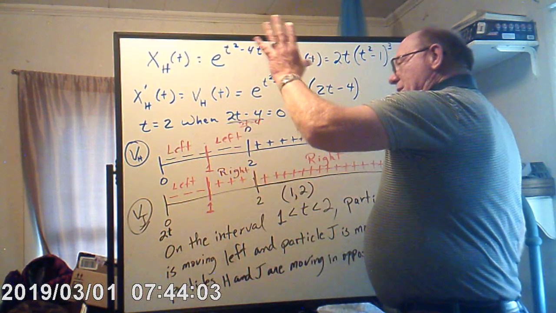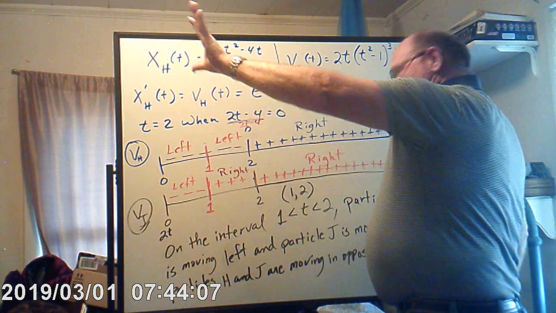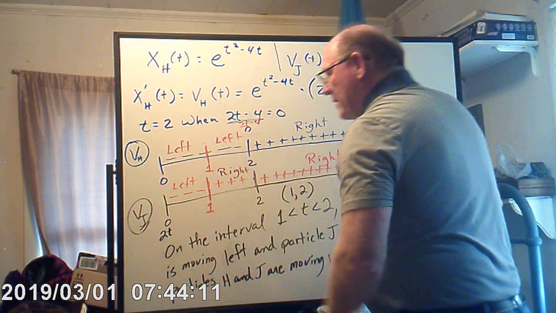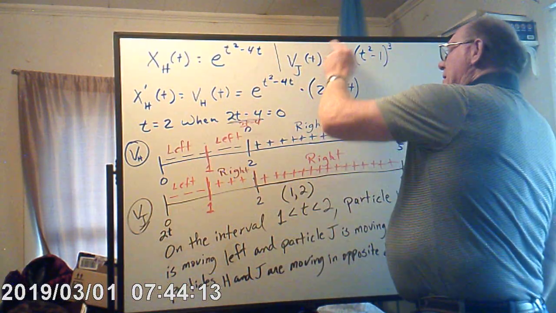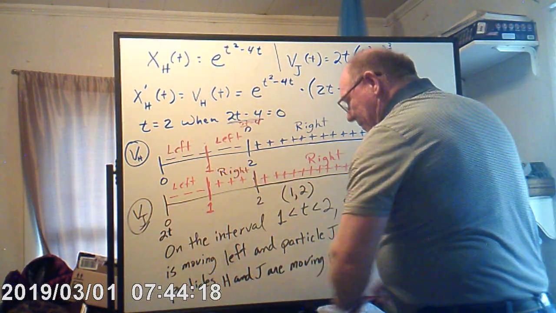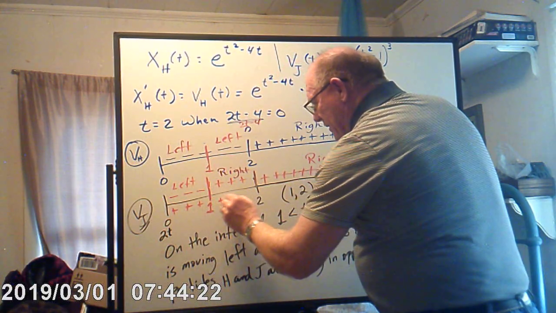Okay? Velocities, set them equal to 0. Remember, anything e, forget it, positive. This part's good. We did it, the 2t part is always positive. Matter of fact, if you left it alone, always positive. Boom, boom, boom. Always positive.